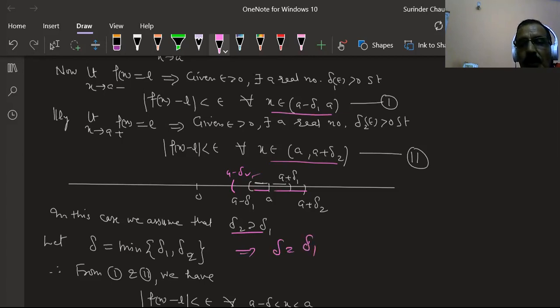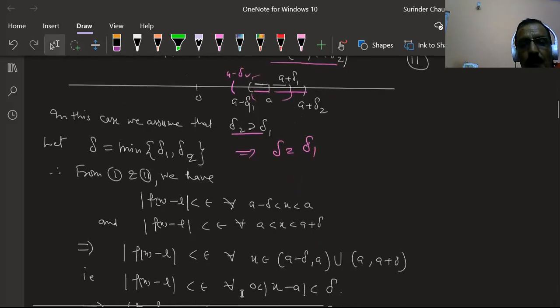I am making the common symmetric domain on both sides, so both inequalities hold true in this common domain.